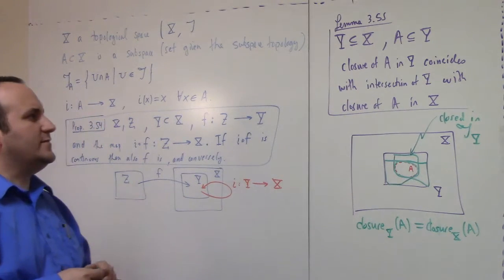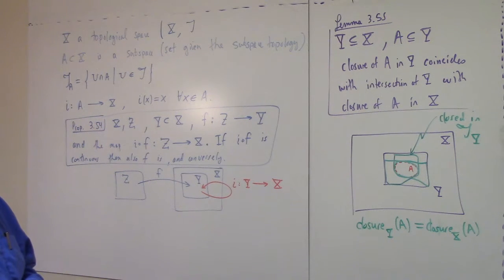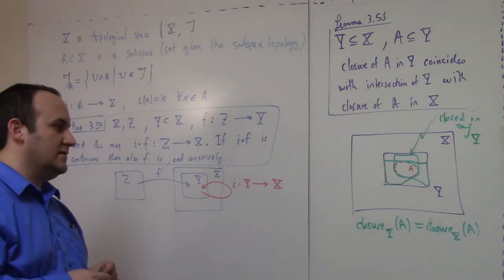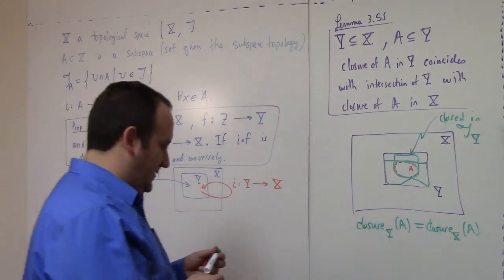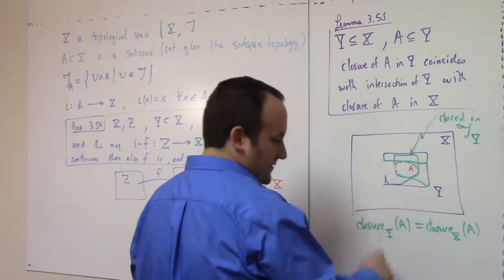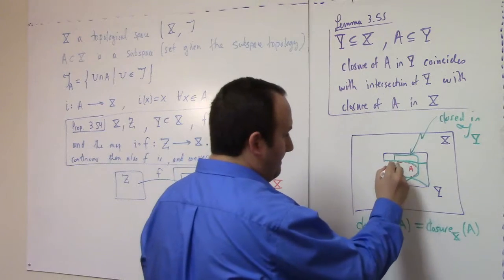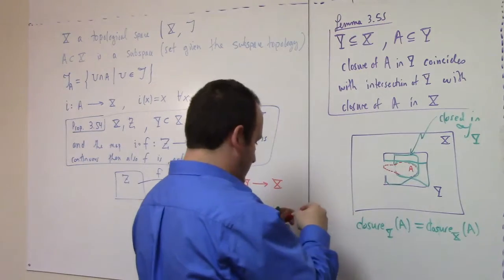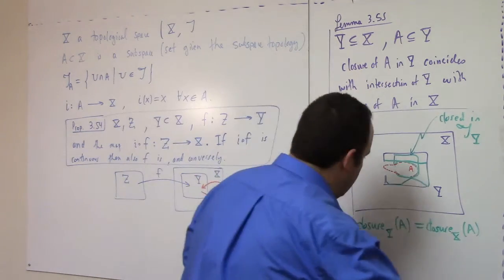Where is A? A is taken to be a subset of Y. It's hard for me to see with my picture why that needs to be. Well, the closure of A in X doesn't necessarily have to be in Y. Essentially, the point is, if I had something like that, it's hard to imagine in two dimensions.